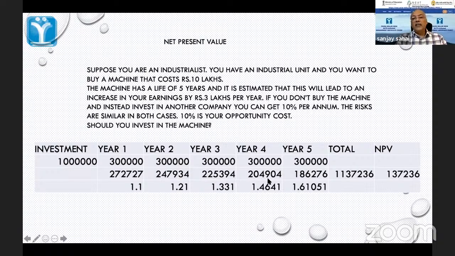The fourth year, it has a value of 2,04,904. And in the fifth year, it has a value of 1,86,276. So progressively, it's declined because it's received further and further into the future. The value in terms of the present value keeps getting reduced.